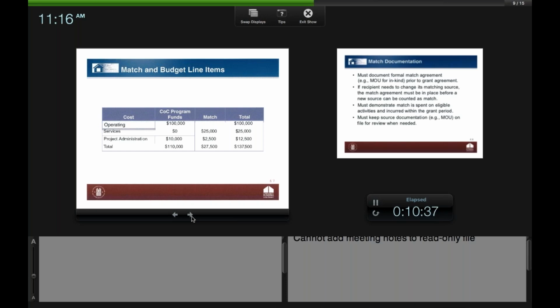However, you can match the services activities, which are your uses, even though your grant award did not include direct expenditures for services. Similarly, your grant award included operating dollars, but you're not obligated to match the operations cost. So your liability of 25% is based on the entire grant minus any leasing, but not on any specific budget line item.